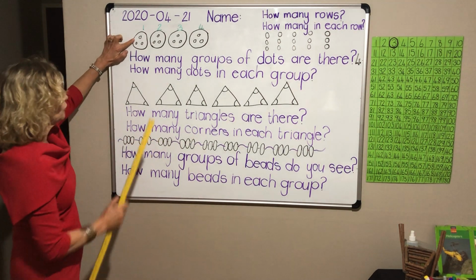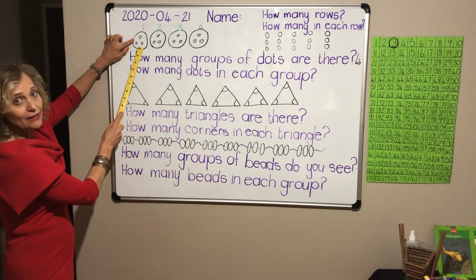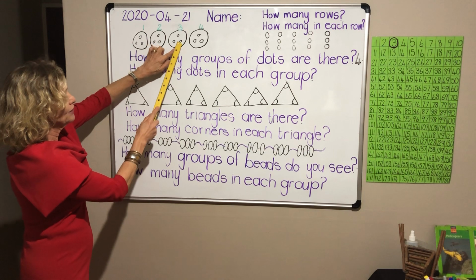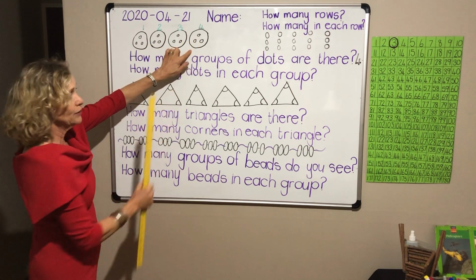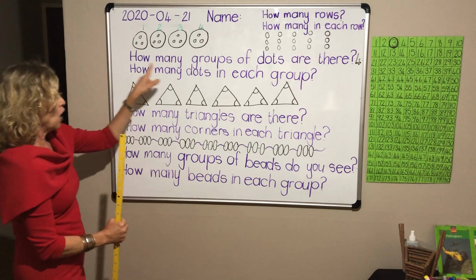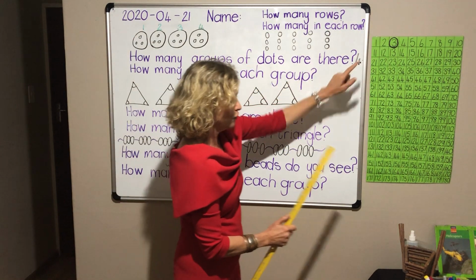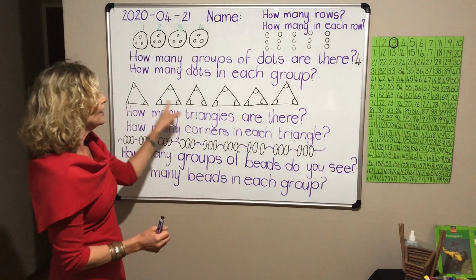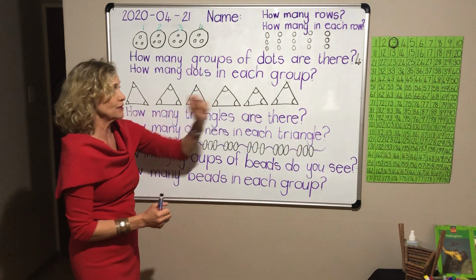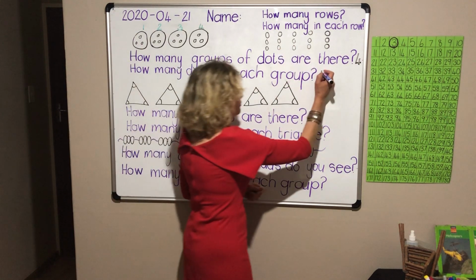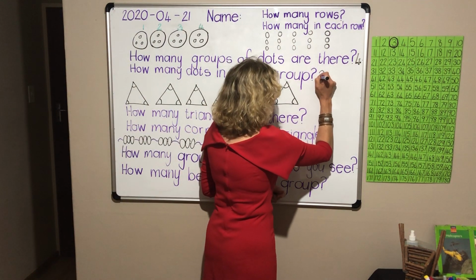So in this group we clearly have 3. In the next group, 3. In the next group, 3. In the next group, 3. Good. So now we say, how many groups of dots are there? 4. How many in each group? So the amount of dots in each group, as we've seen, is 3.